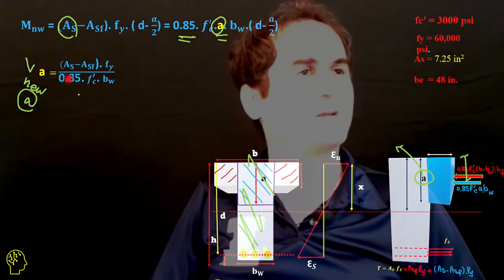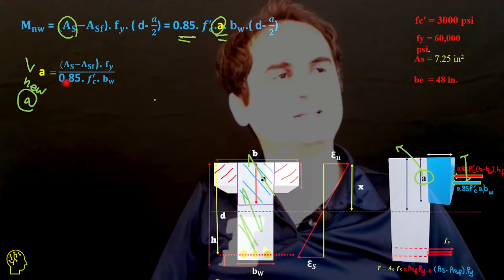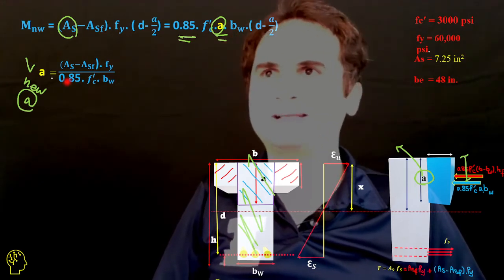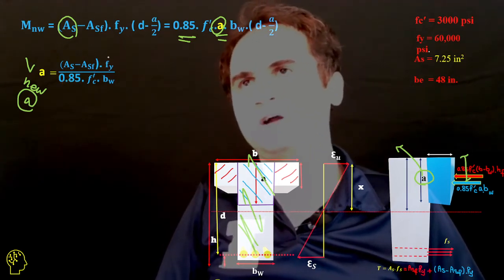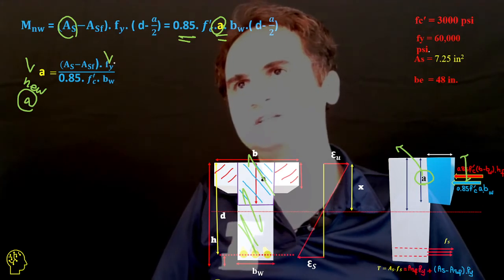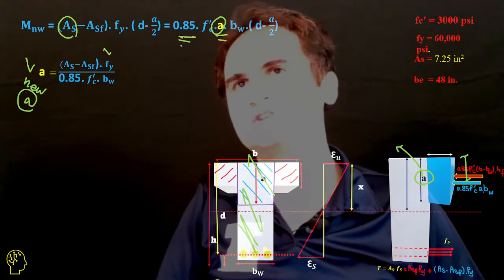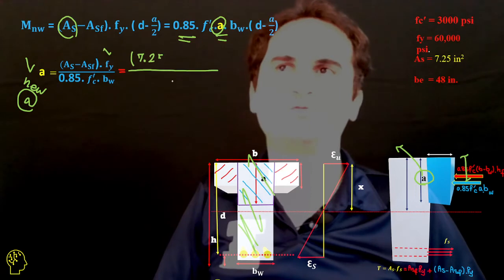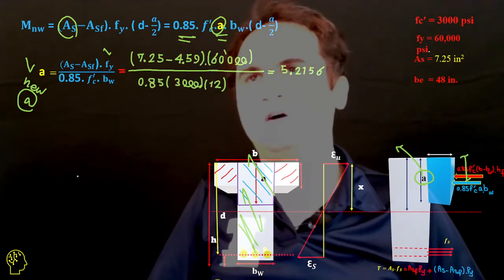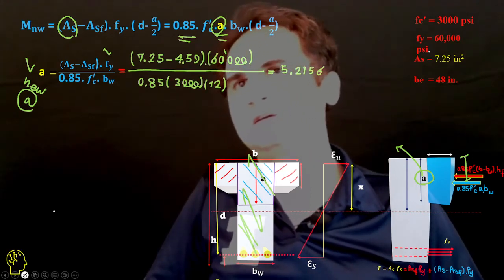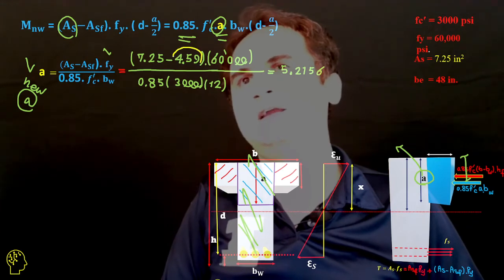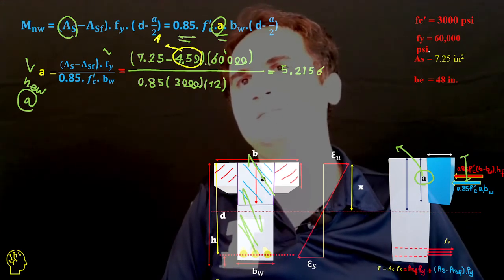that's (As minus Asf) times the yield strength of steel over 0.85 f'c bw. It just comes from here. If you replace it by numeric values, we already calculated the Asf in the previous part.